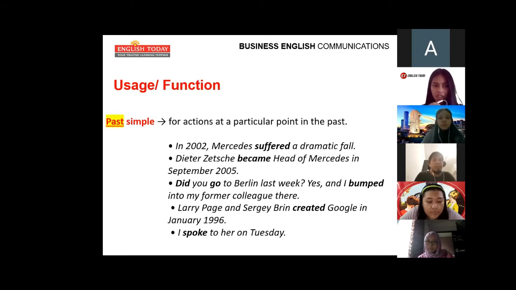the foundation. Past simple refers to a particular point in the past. If you talk about the year 2002, 2005, 1996, or on Tuesday, last week, for example, you have to use past simple. You either add -ed, like suffered, wanted, studied, or use a different form.